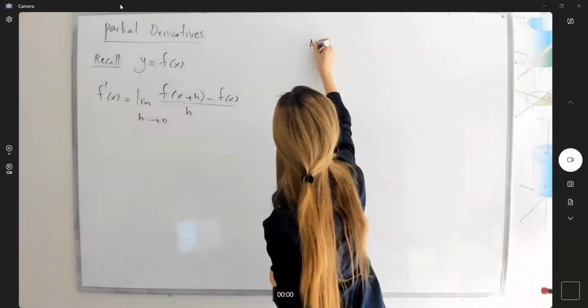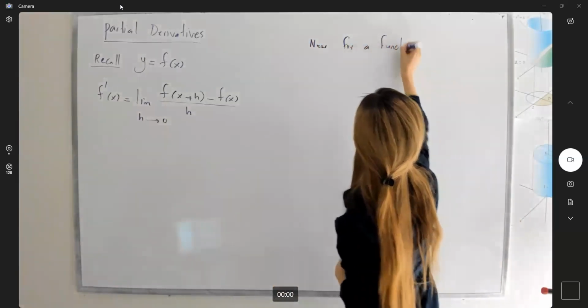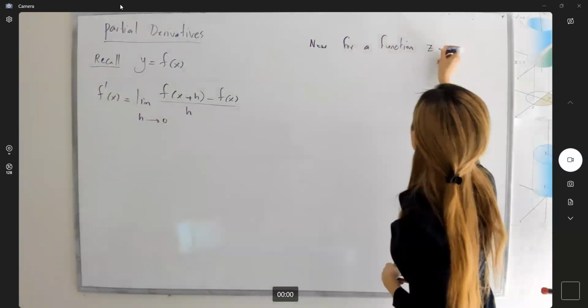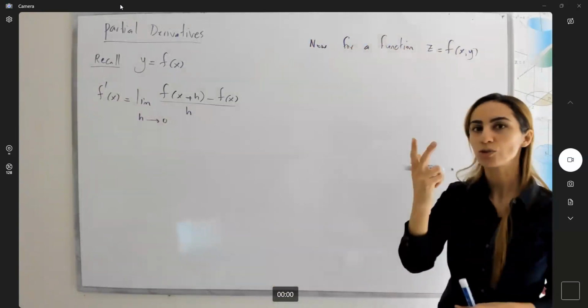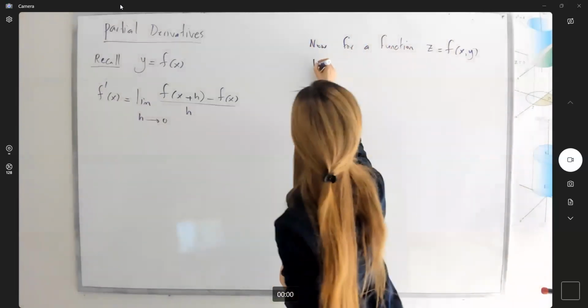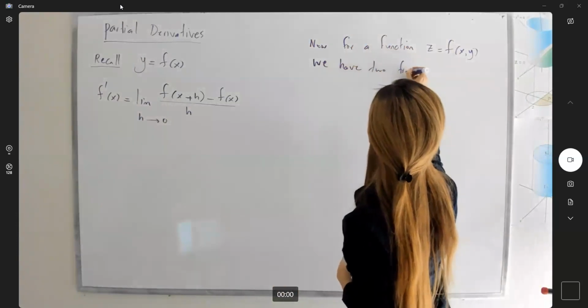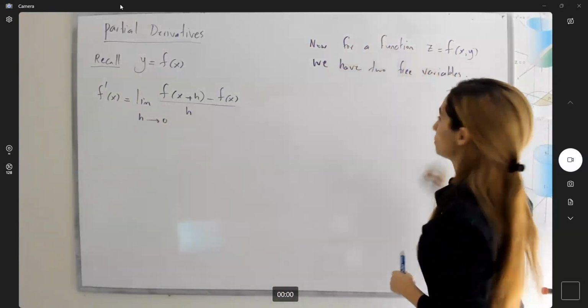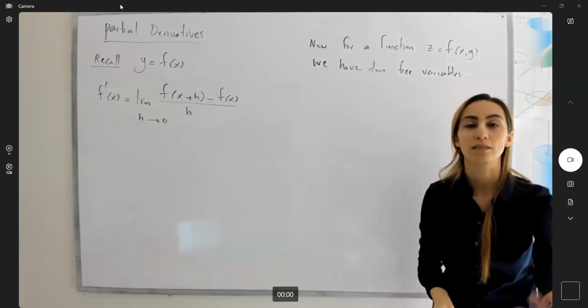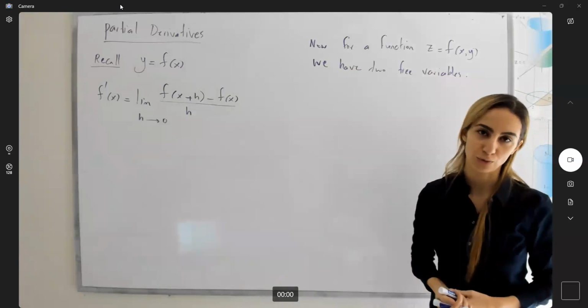Now, for a function like z equals f of x and y, we have two free variables. What's the meaning of that? It means that you can take the derivative with respect to x and also with respect to y.